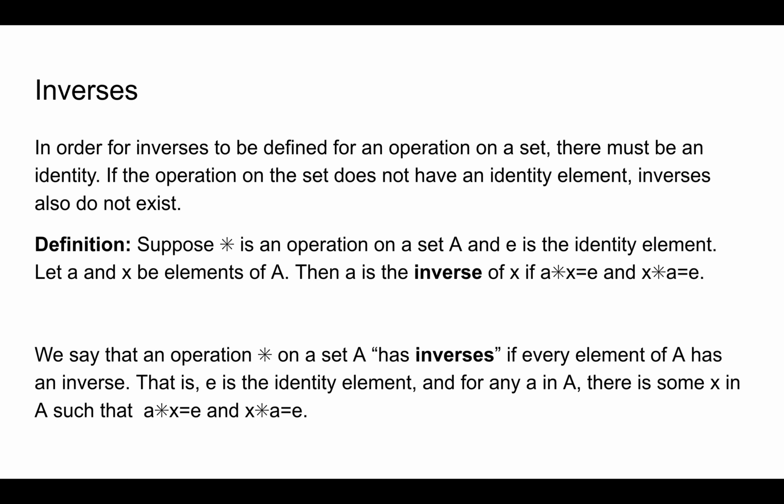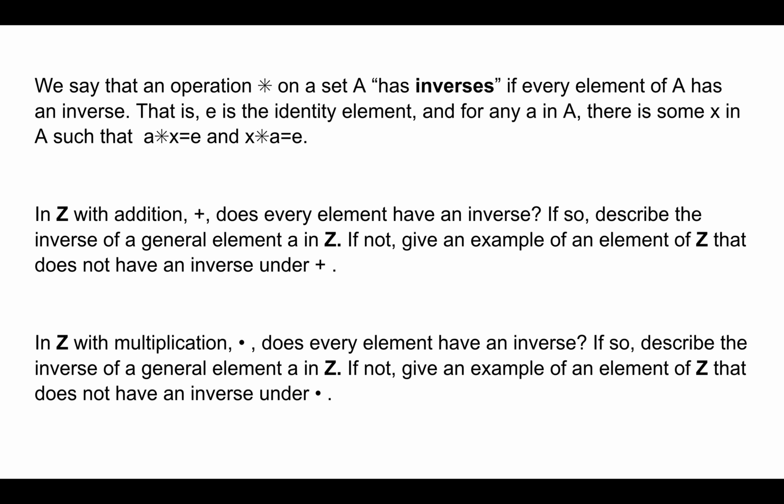So let's look at a couple of examples here. We'll look at Z, the set of integers with addition, and we'll ask, is it the case that every element has an inverse? If so, let's describe the inverse of a general element A in Z. And if not, let's give an example of an element that does not have an inverse.